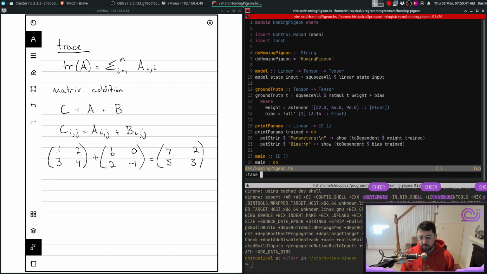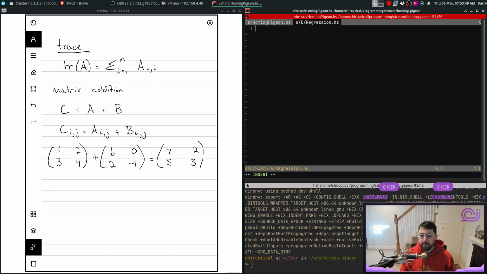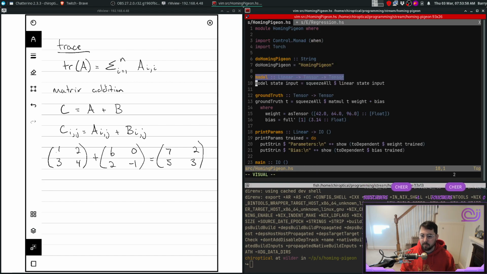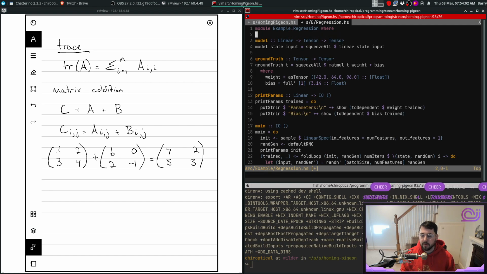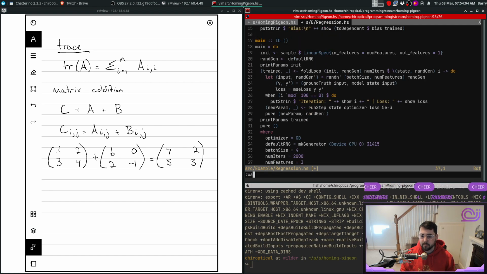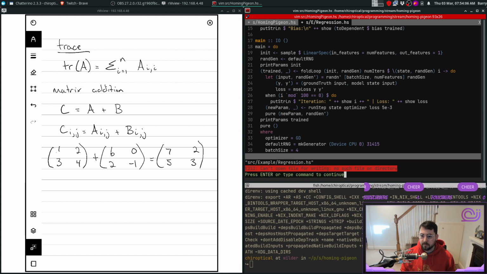I want to move this to source example regression Haskell or something. So module example regression where, and then we're going to grab all of this and stick it over here, like so.